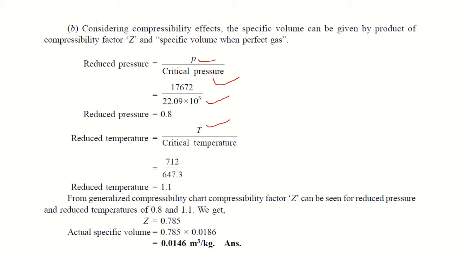Similarly, actual temperature by critical temperature, you will get the reduced temperature. Go to the compressibility chart. From that, you will get the Z value. So multiply the volume by the Z value. You will get it.